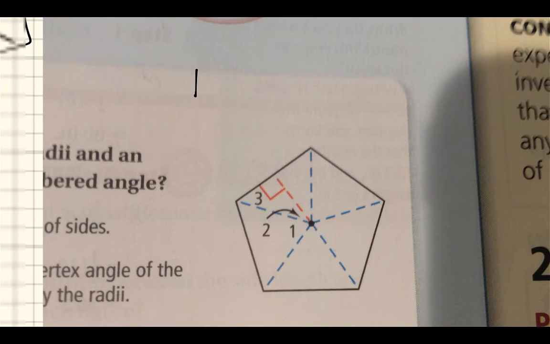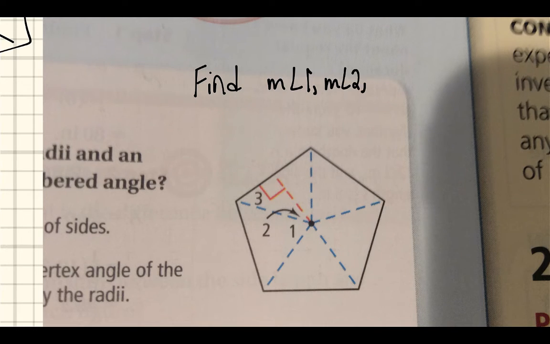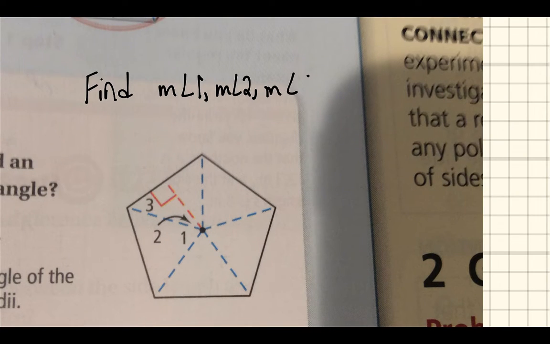We're going to find the measure of angle 1, the measure of angle 2, and the measure of angle 3. Angle 1 is this angle here inside that triangle. Angle 2 is half that, right here, cut in half by the apothem, and then angle 3 is down here. We're going to do this a lot in this chapter, so try to pay attention.